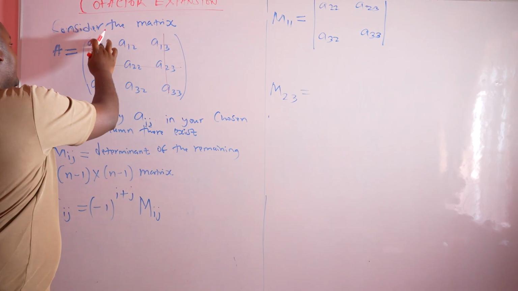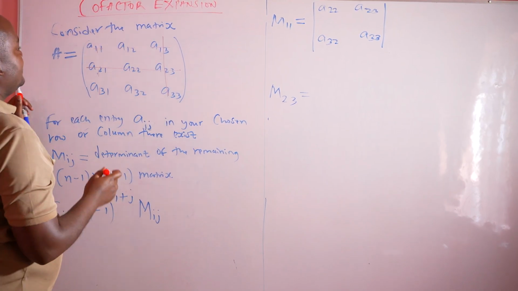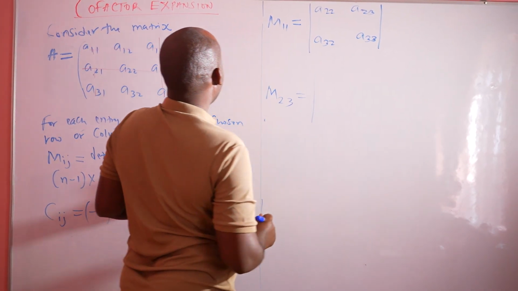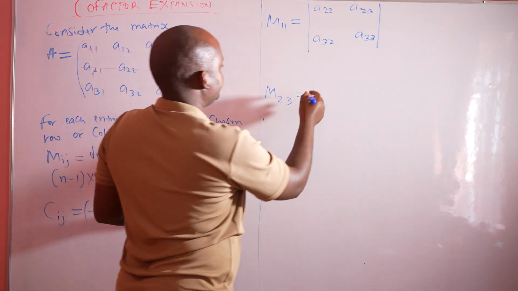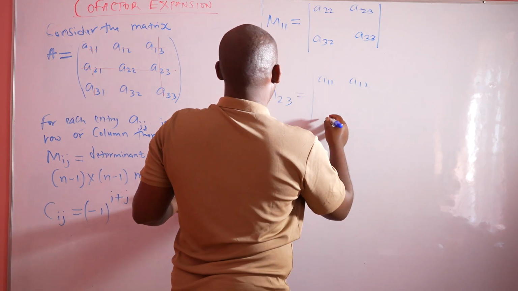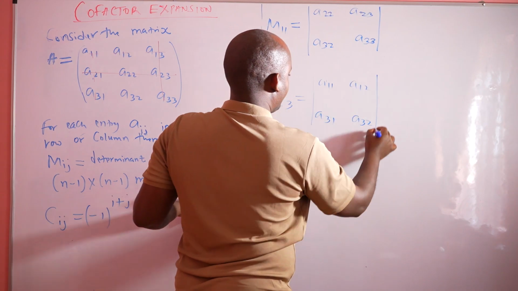Ignore the other colors because that is already reinstated. So in this case, we'll be left with the submatrix with the entries A11, A12, A31, A32.